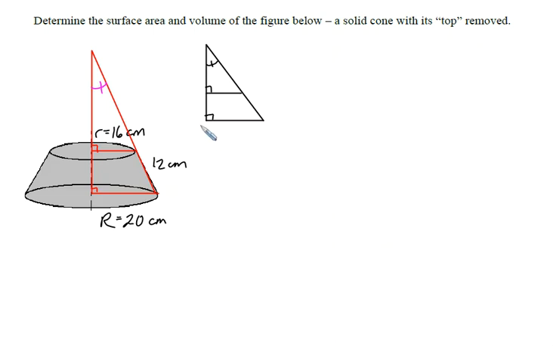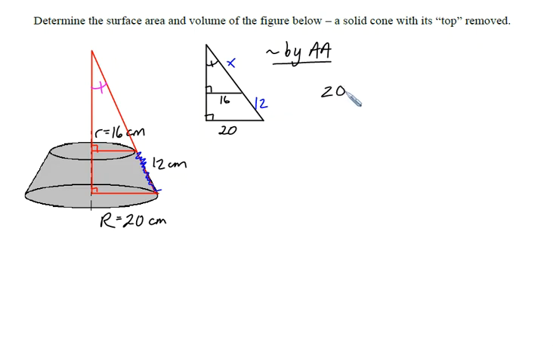In this setup, we know that the bottom radius is 20, we know that the top radius is 16, and in this particular problem we have that this length right here is 12. We could solve for x, this other slanted portion, by using the fact that the triangles are similar by angle.